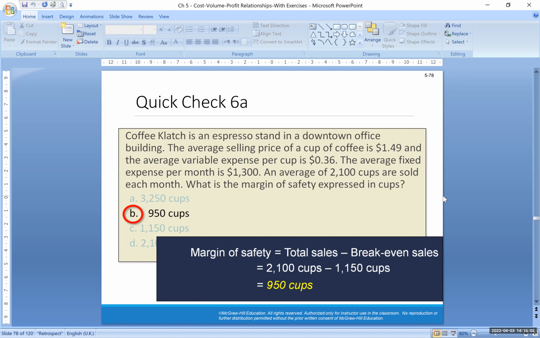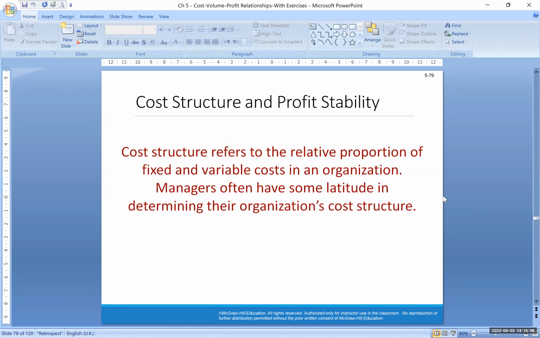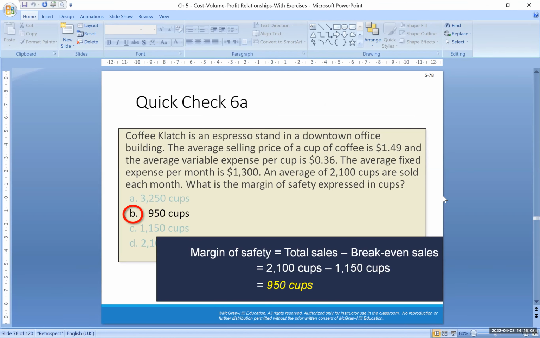Again, just to remind you how we calculate the break-even sales in units, it was fixed expenses 1,300 divided by the contribution margin per one unit. The contribution margin is calculated from price 1.49 and the variable cost 0.36.